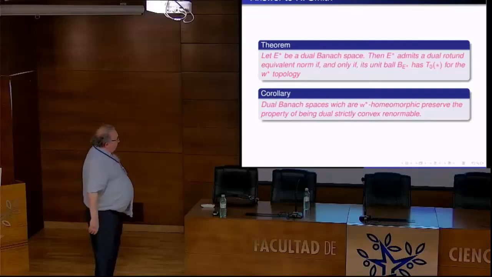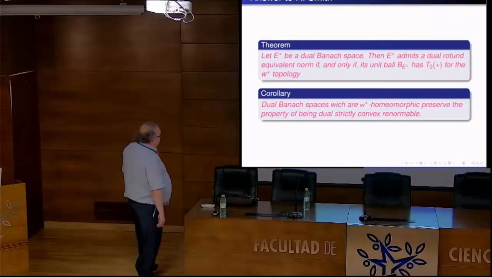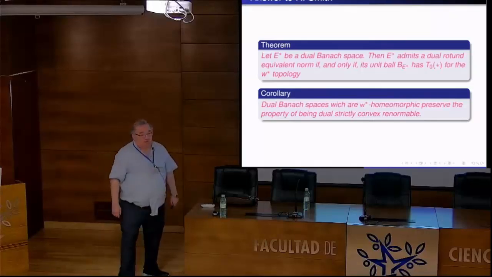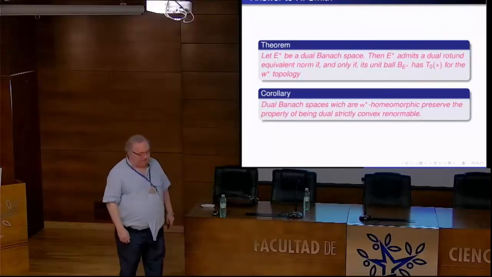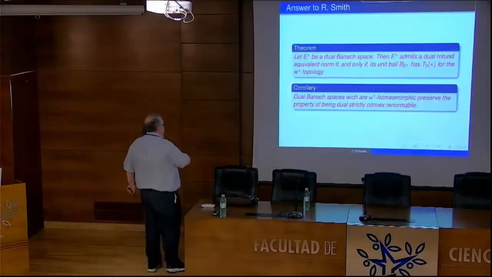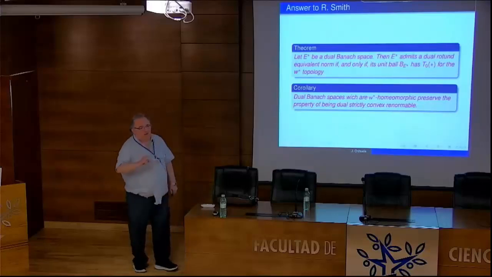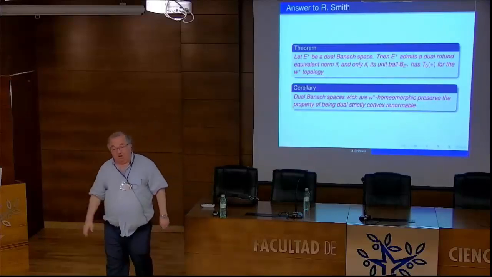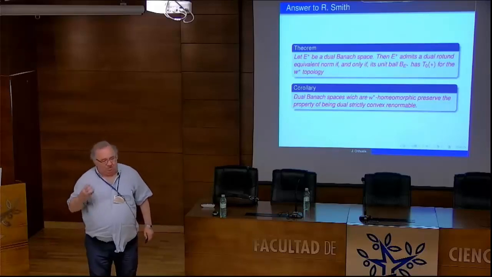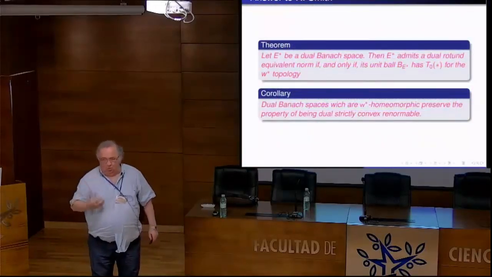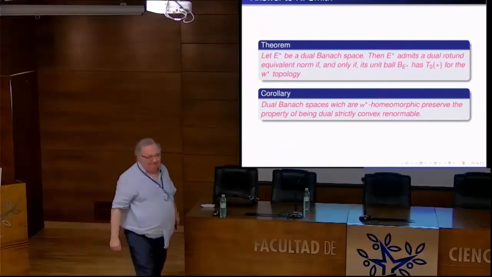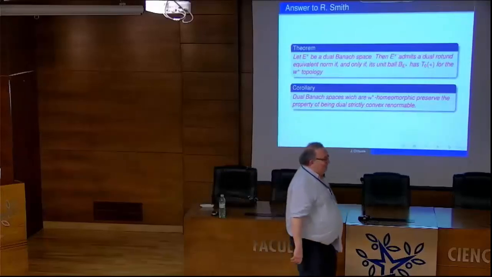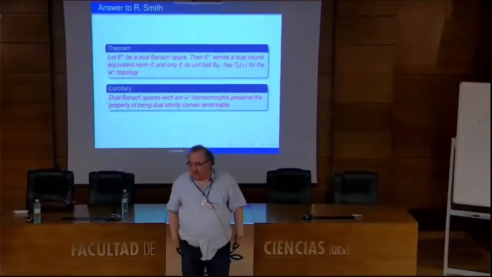A dual space X star admits a dual LUR norm if and only if the dual ball has the property that I call Orihuela now, but was called a star. Okay? And for dual Banach spaces which are weak star homeomorphic, one is strictly convexificable if and only if the other one is. That's wonderful. Thank you very much for your attention.